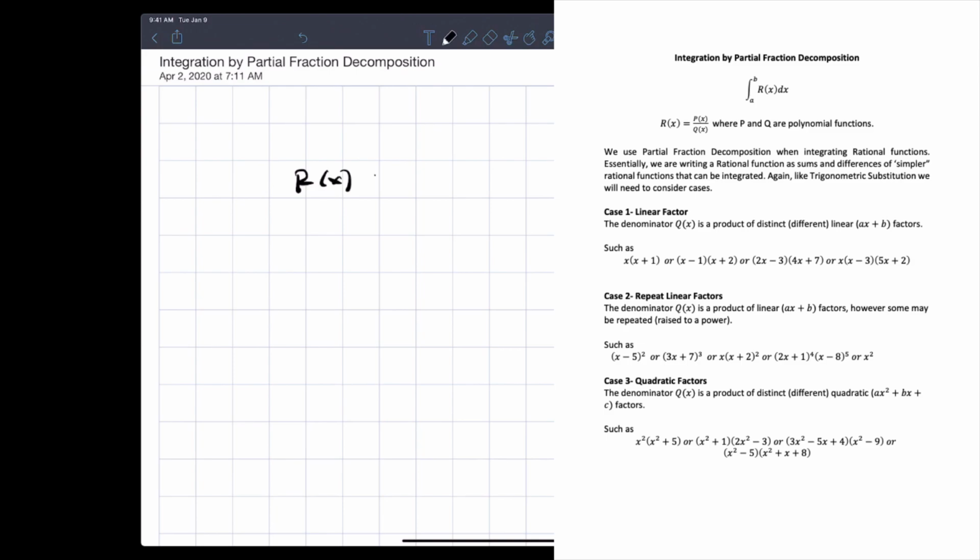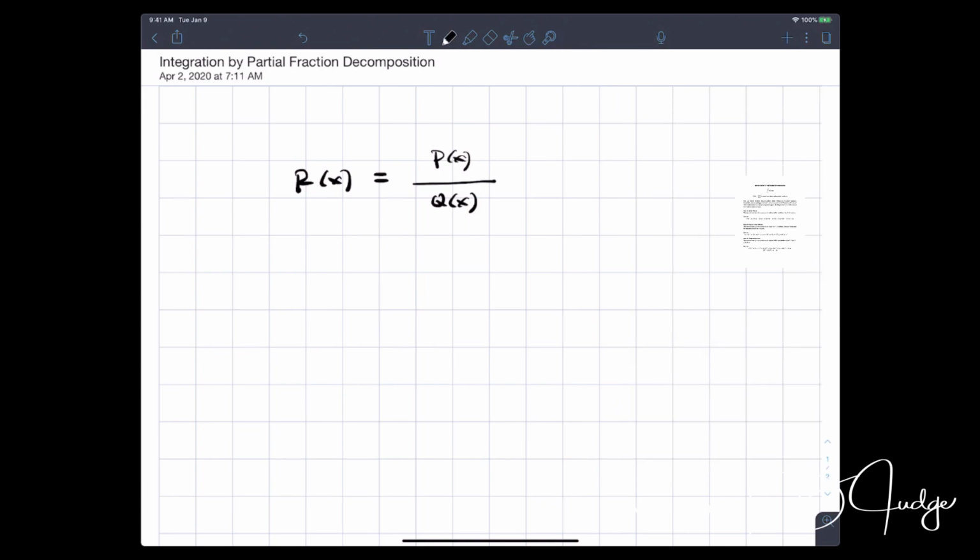So r of x is p of x over q of x. Now, p and q are very special. P and q need to be polynomials, both of them. So you have a polynomial on top, and you have a polynomial on the bottom. So both p and q are polynomial functions.